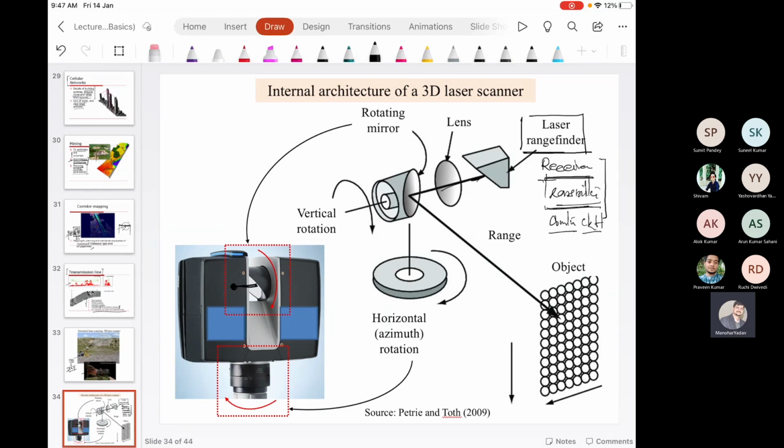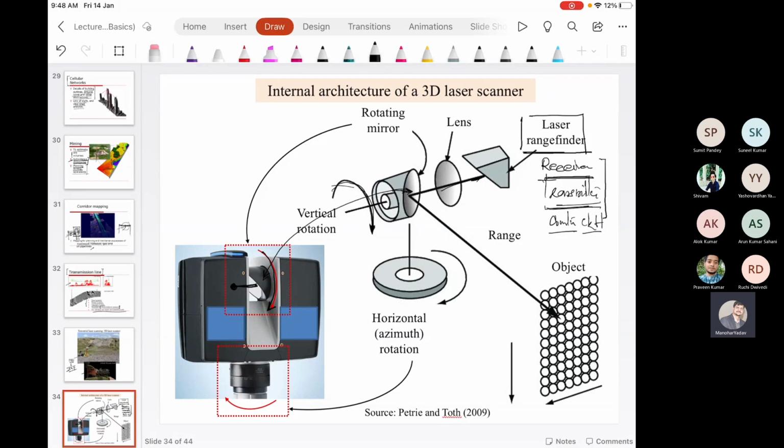As you see over here, the mirror is positioned in an inclined way, and it continuously rotates 360 degrees in a vertical plane. This mirror is represented over here, and it rotates. So there is a vertical rotation. It rotates in a vertical plane.